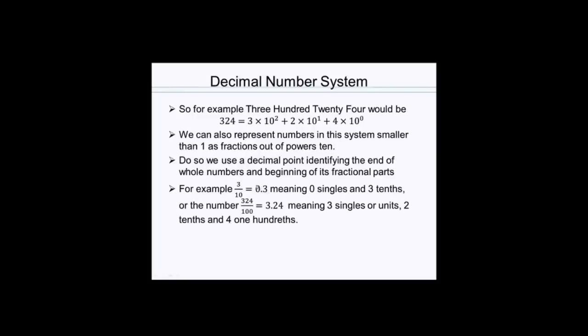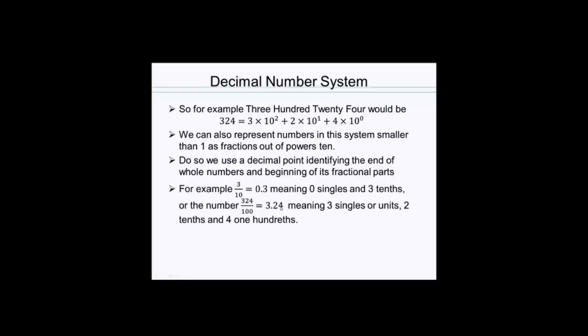The 0 is telling you you have 0 units placed, and the numbers that come after the point are fractional parts out of powers of 10. The first number represents 3 parts out of 10, or 3/10. The number 324 over 100 represents 3 singles, 2 tenths, and 4 100ths.